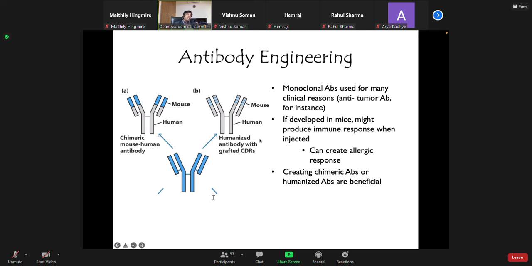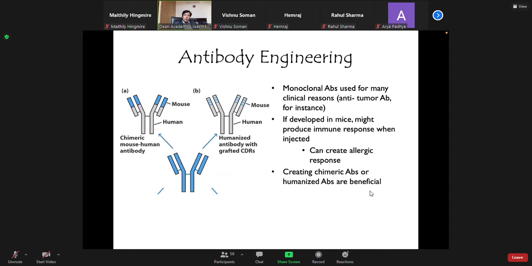The other thing is sometimes you have to reduce its immunogenicity. Initially, when monoclonal antibodies were made, they were generated in mouse, right? And maybe you have demonstrated that the mouse antibody is able to bind to a human antigen, maybe present on some cancer cells, and you can inject it to clear this developing cancer.